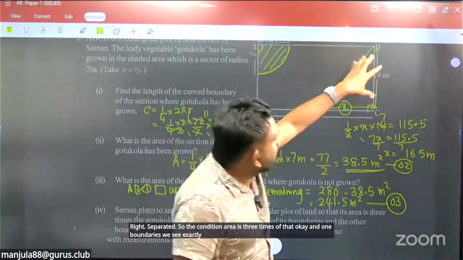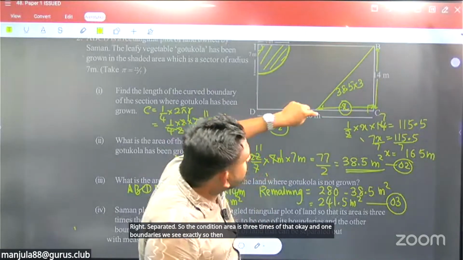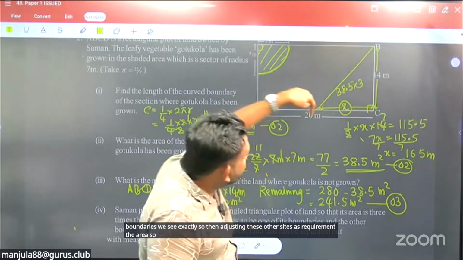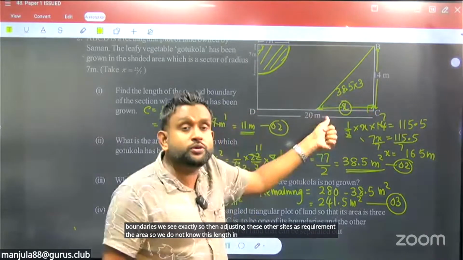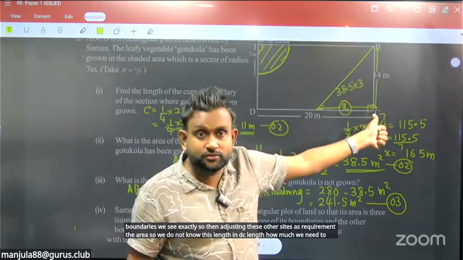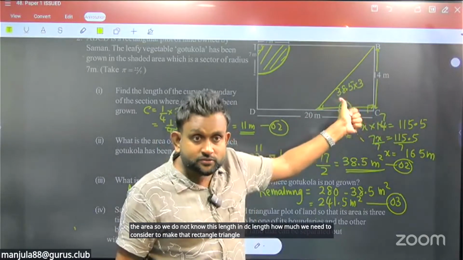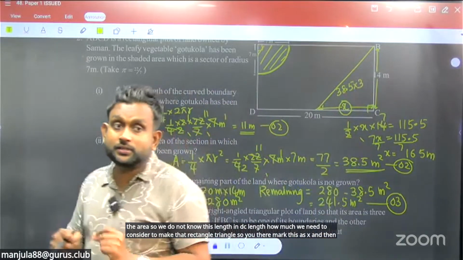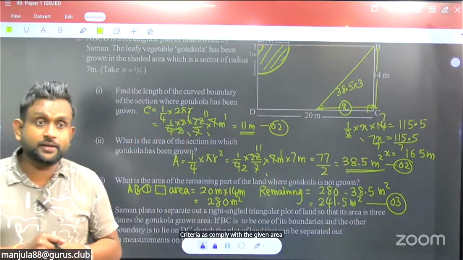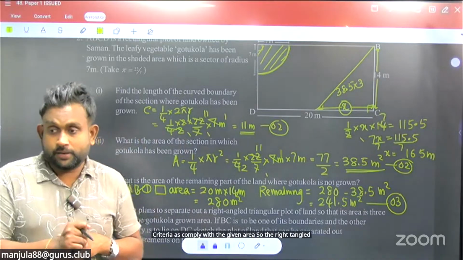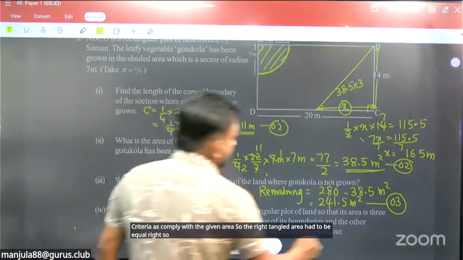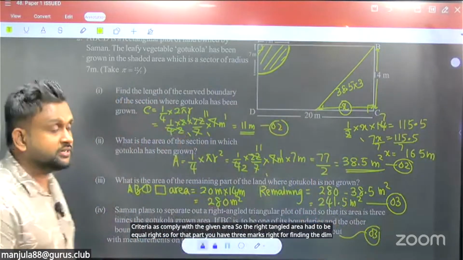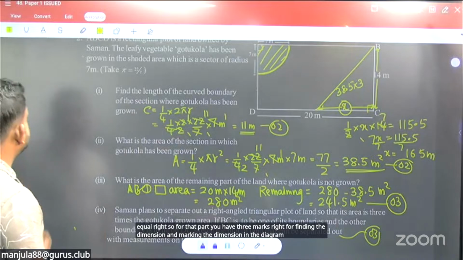Then adjust the other sides as per the requirement. We do not know the length on DC, how much you need to consider to make that right angle triangle, so mark this as x and write the area to comply with the given area. For that part, you have 3 marks, for finding the dimension and marking the dimension in the diagram itself.